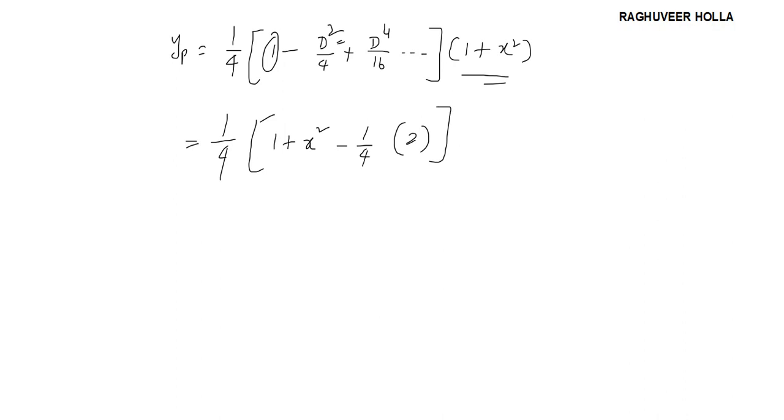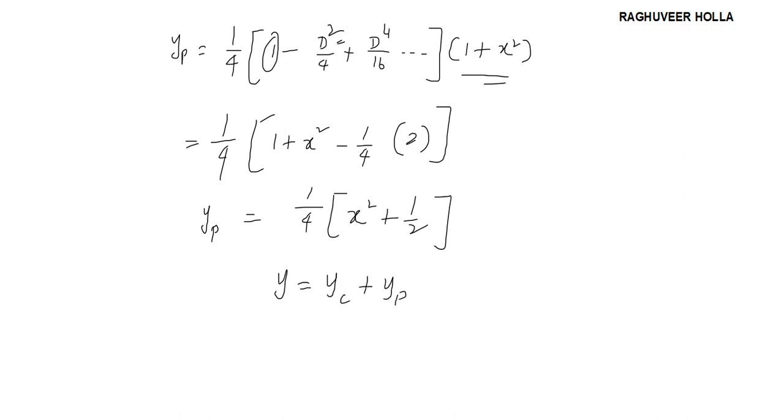If I simplify it, I finally get yp as 1 by 4 times x square plus 1 by 2. So this is your yp. So y is equal to yc plus yp. So I got this.